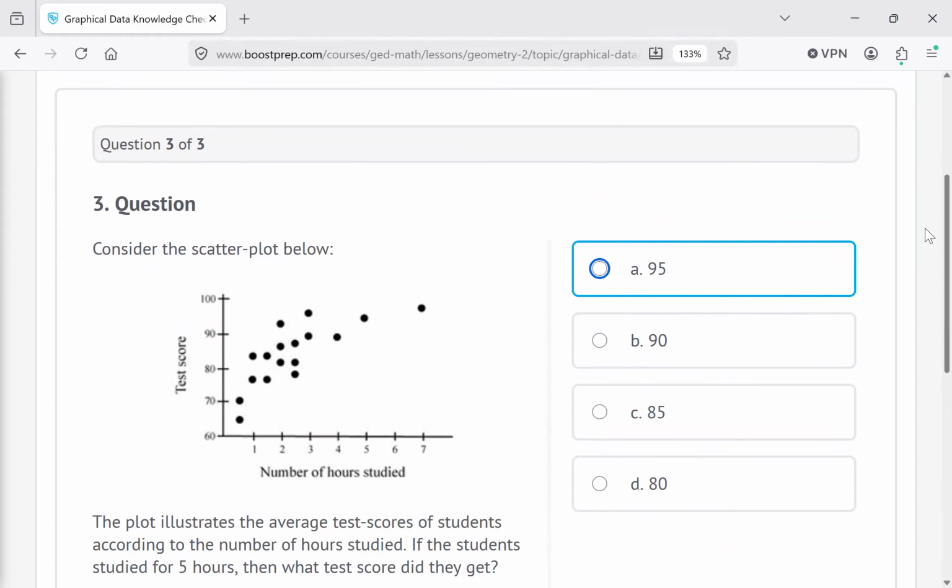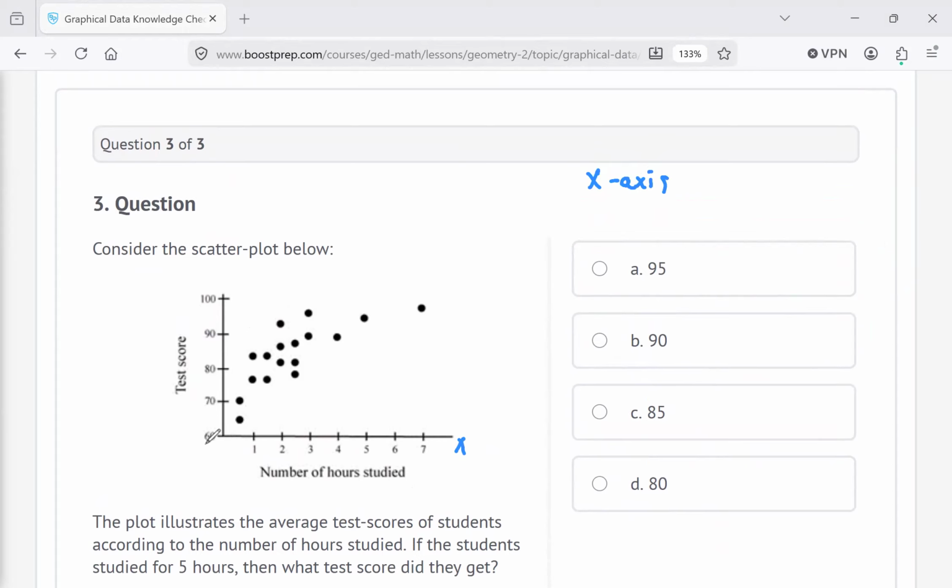Okay, here we have what is this called? A scatter plot. It's really easy, it's almost like a Cartesian plane. You have the x-axis and the y-axis. The x-axis is the number of hours studied. If you need to write that down, that's fine.